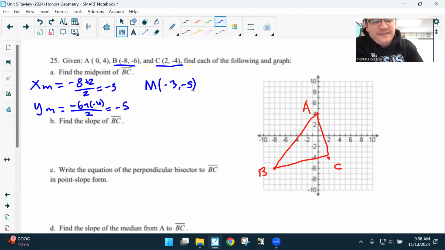All right. Find the slope of BC. Again, we're using point B and point C. So I'm going to use a lowercase m. Remember, a lowercase m represents the slope. This is kind of our notation. The slope of BC is equal to, again, not going to write down the formula, y2 minus y1 all over x2 minus x1.